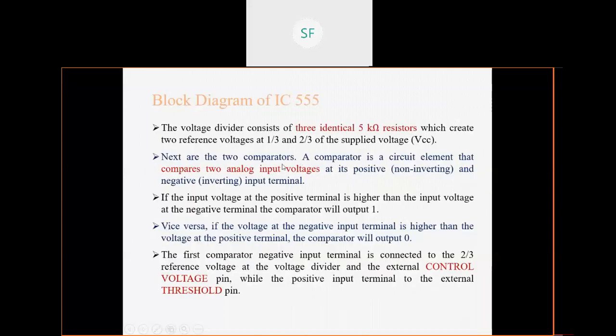Then next are 2 comparators. A comparator is a circuit element that compares 2 analog input voltages. Which 2 input voltages? The input voltages given at the input of the comparator, at its positive, that is non-inverting terminal, and negative, that is inverting input terminal.